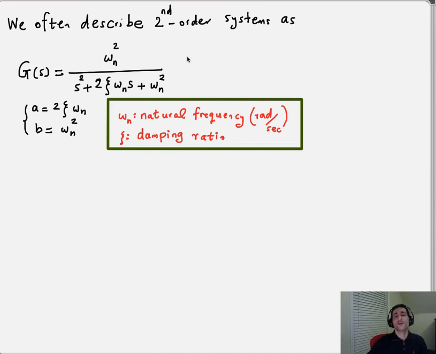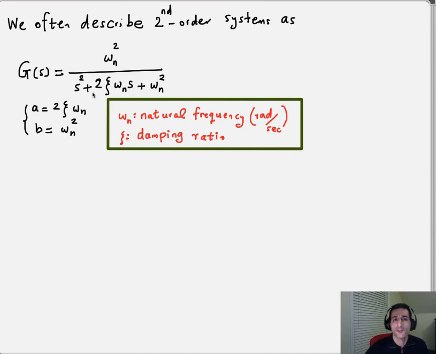We'll talk about this extensively in the next couple of lectures, but for now, just know that omega n is defined as the natural frequency, with the unit radian per second, and zeta is called the damping ratio, which is unitless.